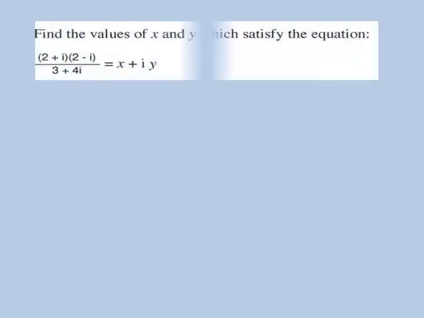Now we will use the conjugate numbers. What is the benefit of learning conjugate numbers? Or is it useless? It's very important, and we will see that in this example. Find the values of x and y which satisfy the equation.